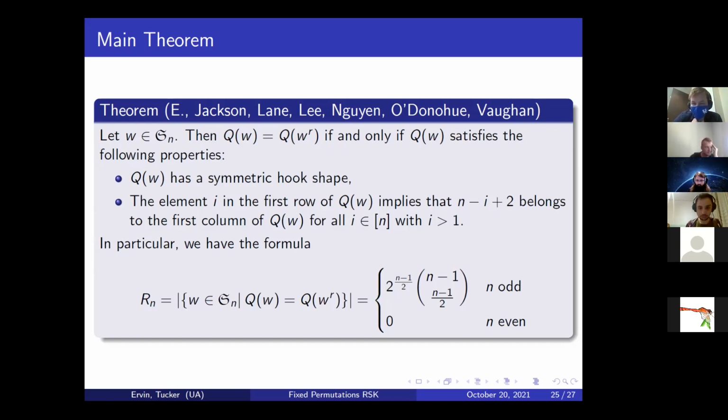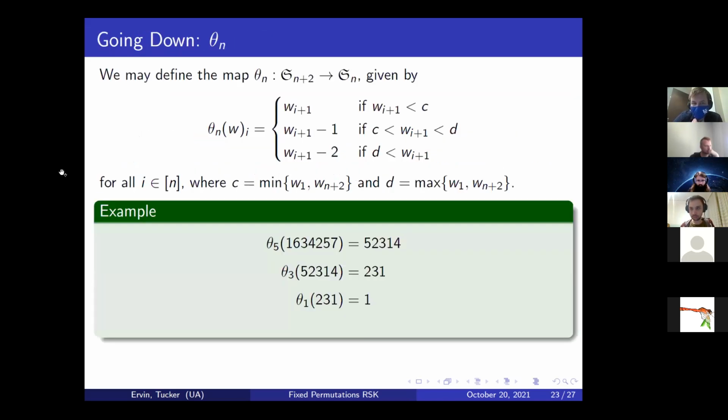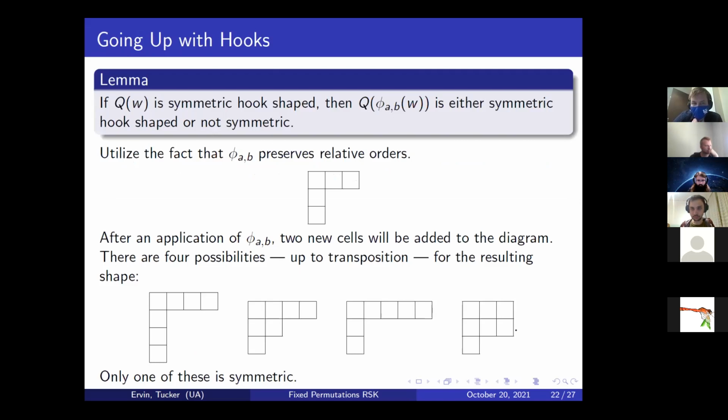If I act with phi AB on a permutation and then make the tableau out of them, in this case we're only doing it for the hook shape, right? Are there general results for how the tableau will look? Can I get all n plus 2 tableaux using this? If you apply phi AB to all of Sn, it's going to partition Sn plus 2.